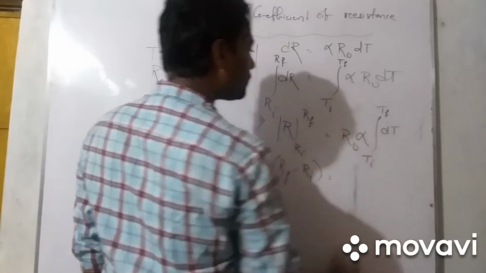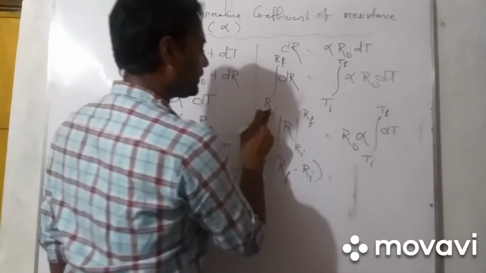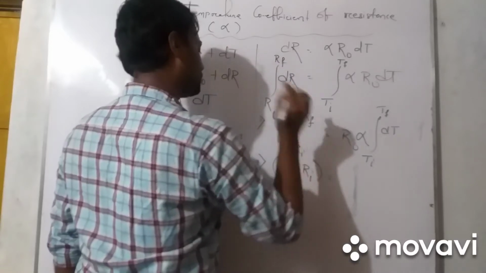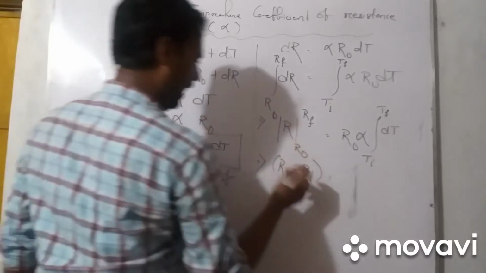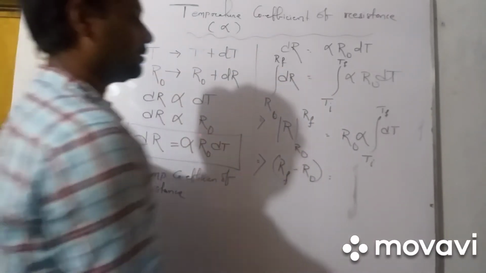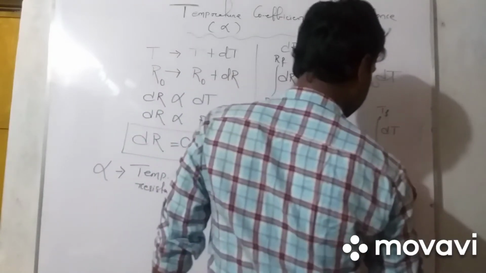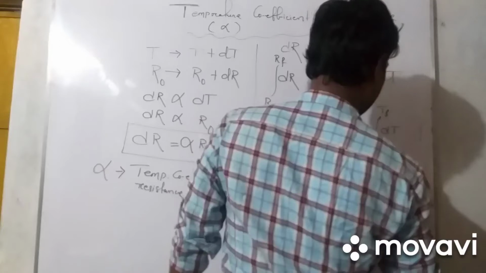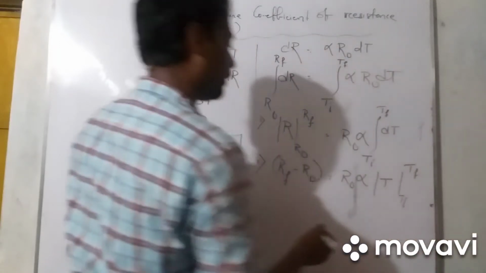Ri can be represented as R0, the initial resistance we already assumed. So R0 is here, alpha is here, and the integration of dt means T from the lower limit Ti to the upper limit Tf.